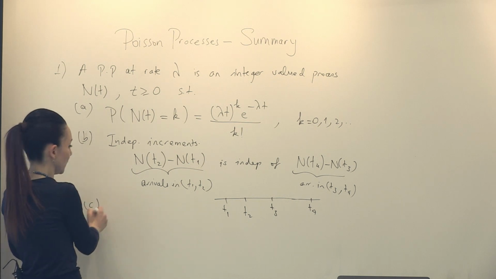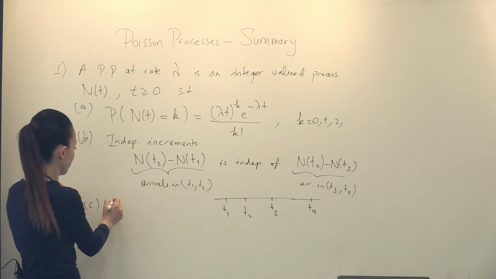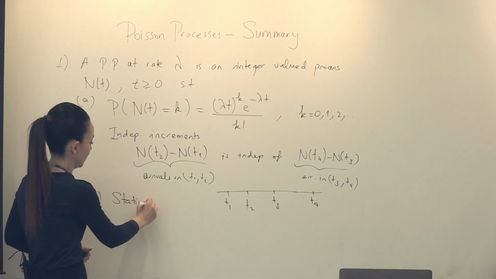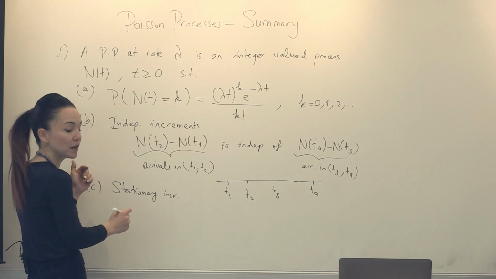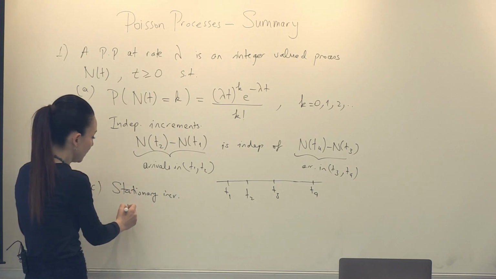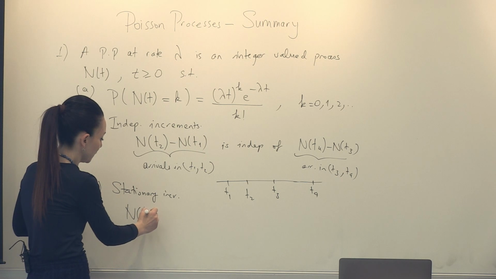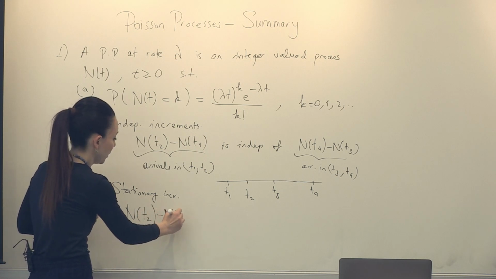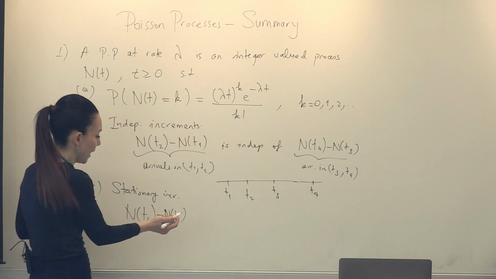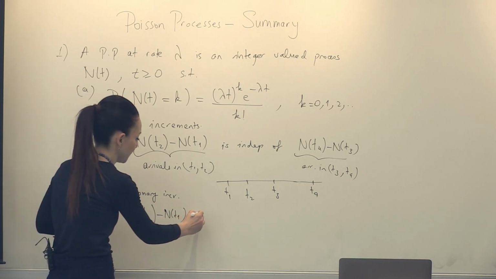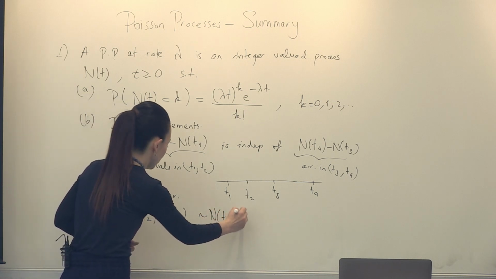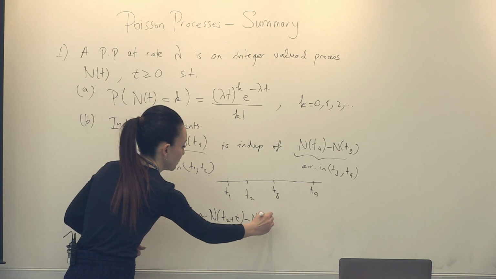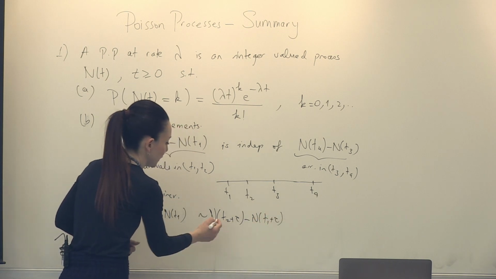And it also has the stationary increments property. What does that mean? Basically, N of t2 minus N of t1 has the same distribution as N of t2 plus tau minus N of t1 plus tau, for any tau.